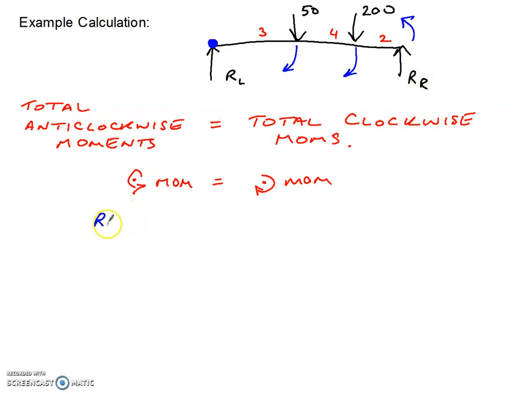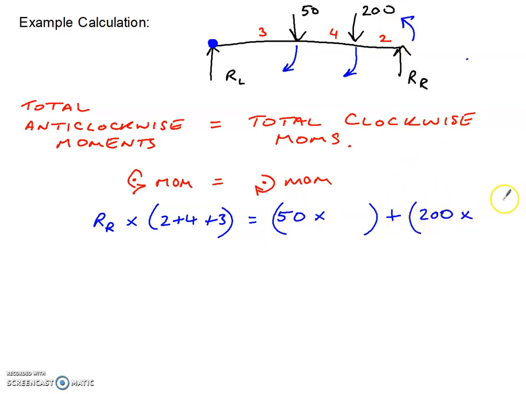So our force is RR times our distance, which is the total distance from the pivot point. So that's 2 plus 4 plus 3. I could just have written there 9. And then we've got the two forces, 50 times its distance to the pivot plus our 200 times its distance to the pivot point.